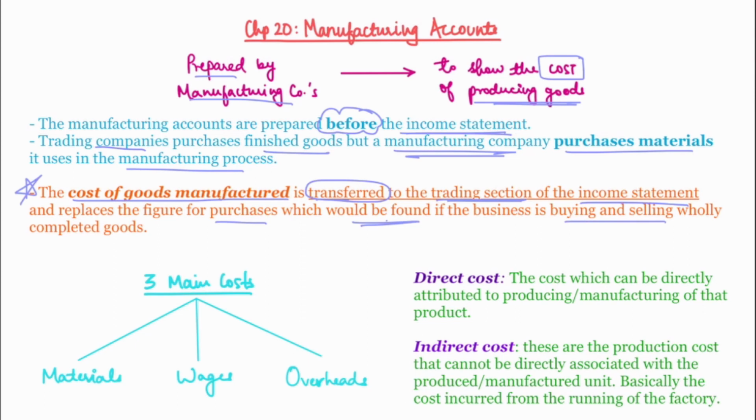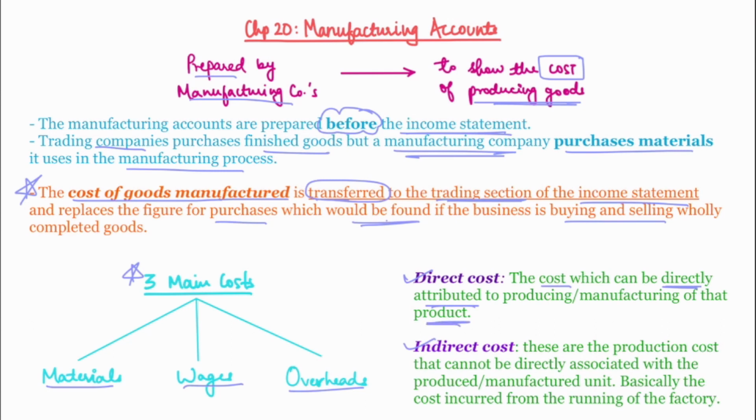Now, manufacturing accounts have three main costs, that is materials, wages, and overheads. Overheads represent expenses. Now, the expenses can be divided into two, that is direct cost and indirect cost. Direct cost is the cost which can be directly attributed to producing or manufacturing of that product.